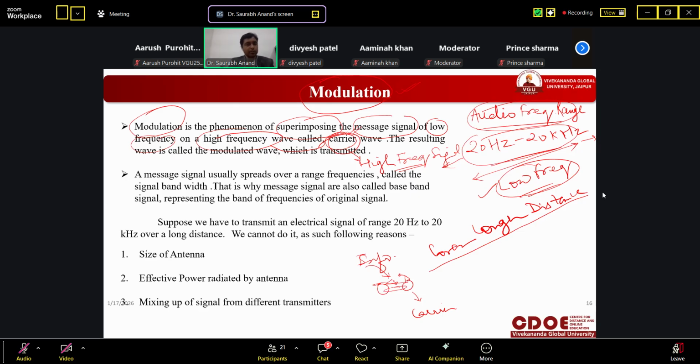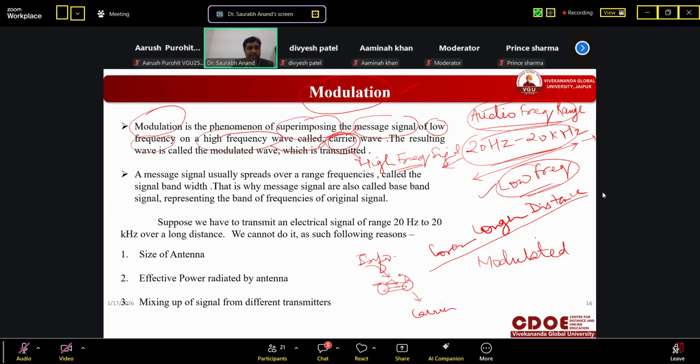Okay. So modulation is nothing but the superimposition of the message signal, which is of low frequency, on the high frequency carrier wave. This is the basic definition of modulation. After modulation, the signal that we finally send is known as the modulated wave.